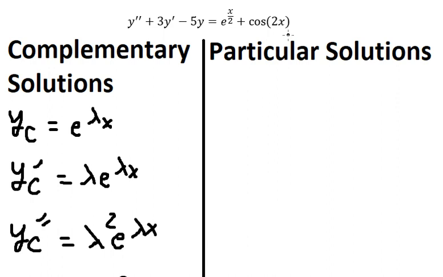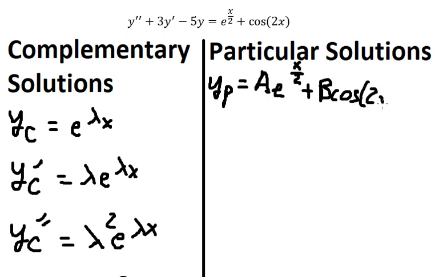So we have this one and this one. I will put yb, that is A e to the power of s over 2 plus b cosine 2s and c sine 2s.